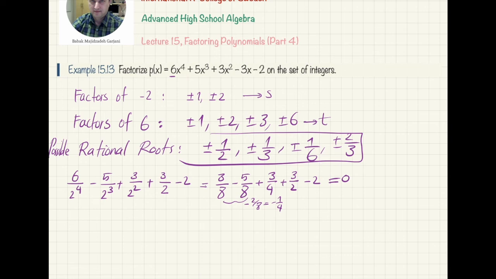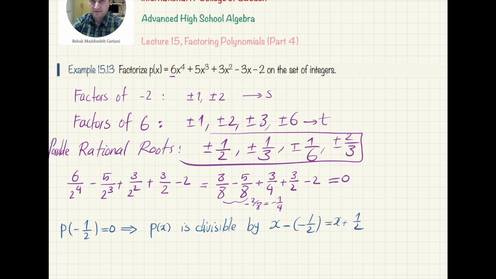So what I got, let me write it here. I got that p of minus a half is 0. So what I can conclude is that p of x is divisible by x minus minus a half, which is x plus 1/2.